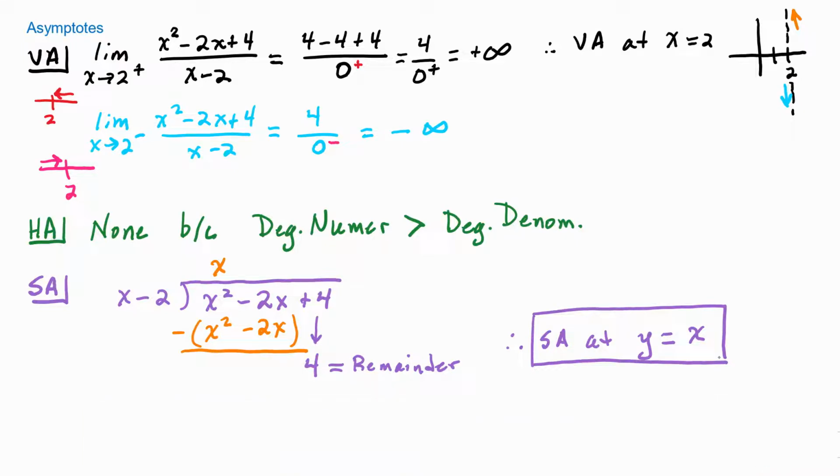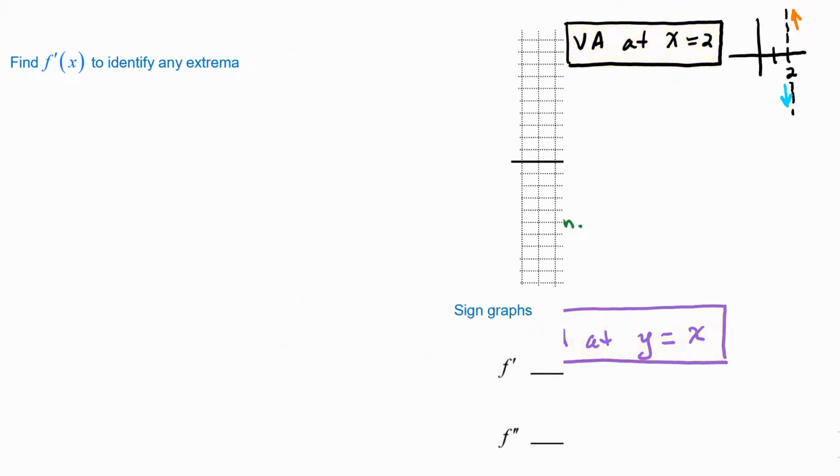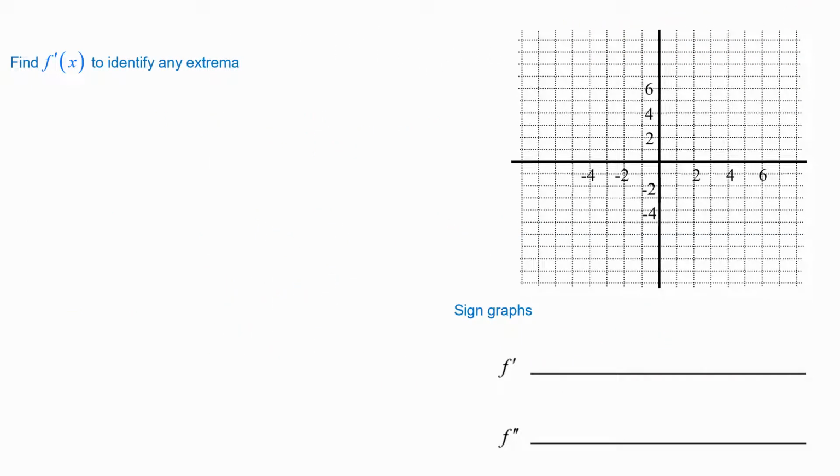So now our next step will be to get these two asymptotes on our graph. We have a vertical asymptote at x equals 2, and we have a slant asymptote at y equals x. We can put our vertical asymptote of x equals 2 on the graph.